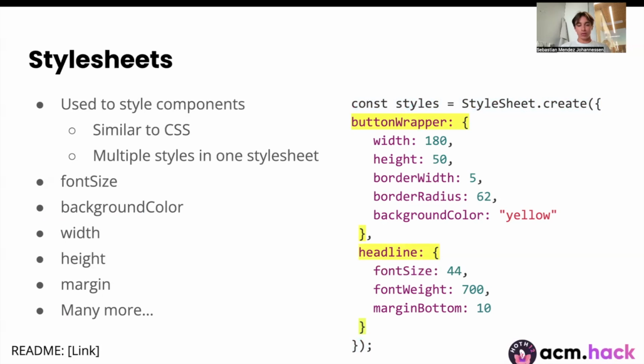Some of the most common properties we can use to customize our app are font size, background color, width, height, and margin. But there are many, many more, and there are endless opportunities to customize here. Also, these properties are used to customize everything from text to buttons and images and all other components. So there are many opportunities here.